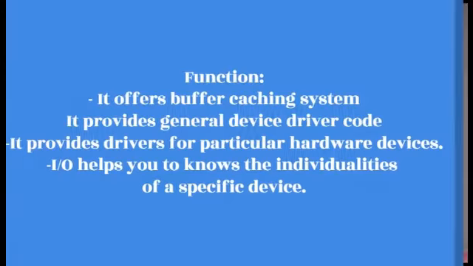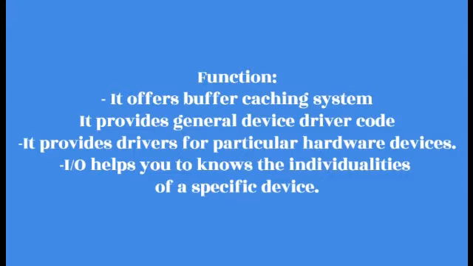There are a few functions of I/O in an operating system. Firstly, I/O offers caching and device buffering, and it also provides general code for the device driver, and a unique driver for the hardware device. The last function is that I/O helps to grasp the individualities of the specific device.